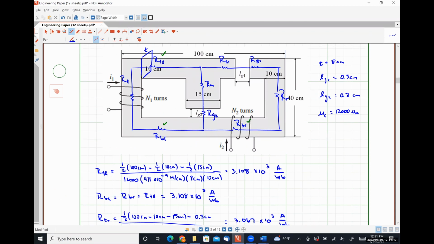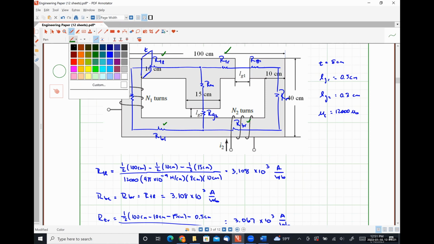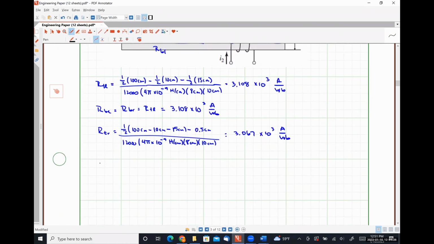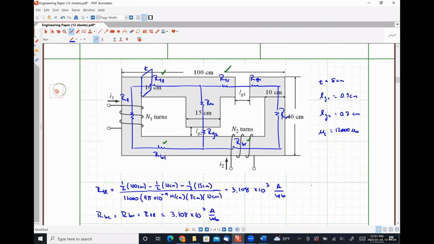I'm gonna put a little check mark by this guy. Let's do RL. So that length is going to be the 40 centimeters minus 10 centimeters.